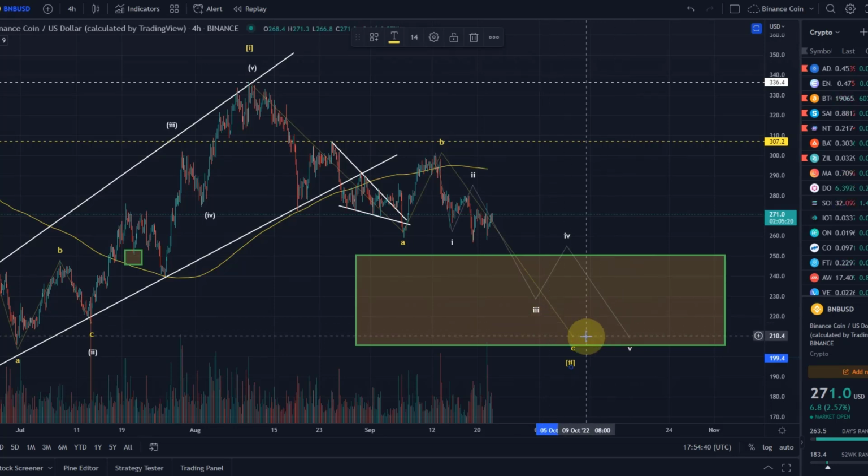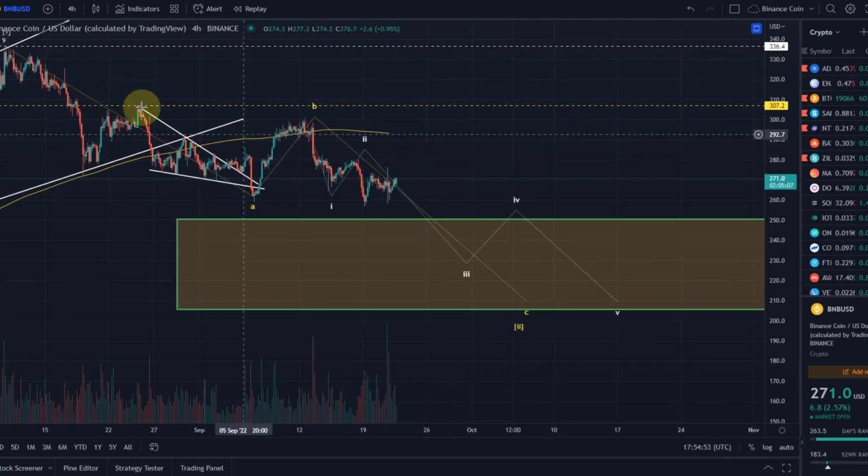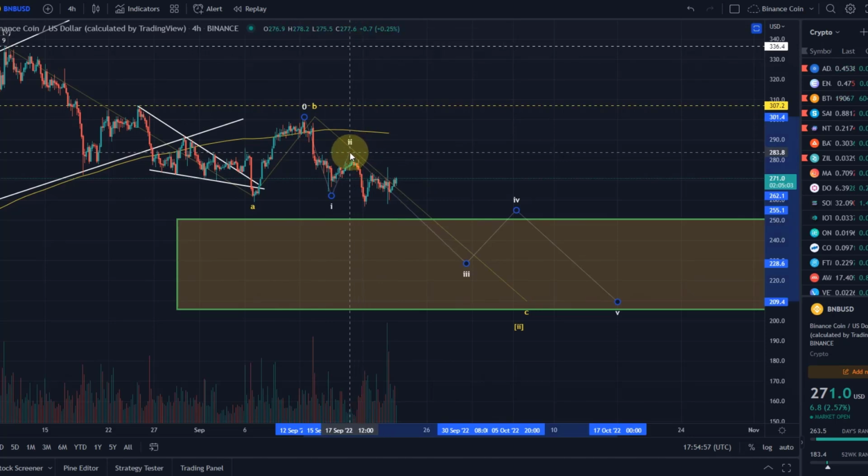In the wave 2, or in the wave C, we have probably completed, that's how I see it, a 1-2 pattern already. And we are now basically in this wave 3. It's a bit like the Bitcoin chart at the moment. Also here on the Bitcoin chart, we said we completed a 1-2 setup. We are now in the wave 3.